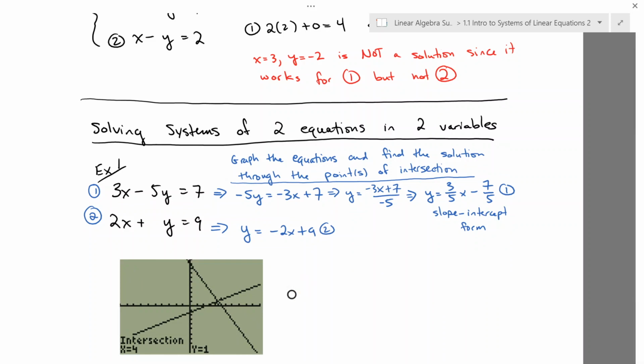So the intersection point, right, so let me write in coordinate form. So x equals 4, y equals 1 gives the solution to the system.